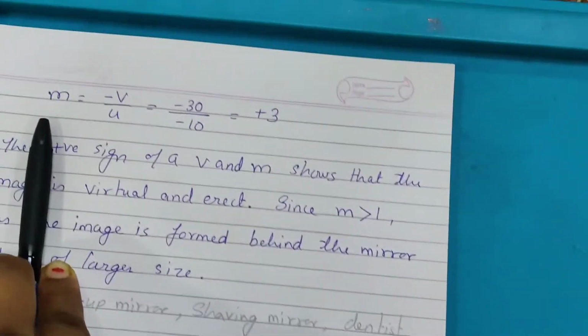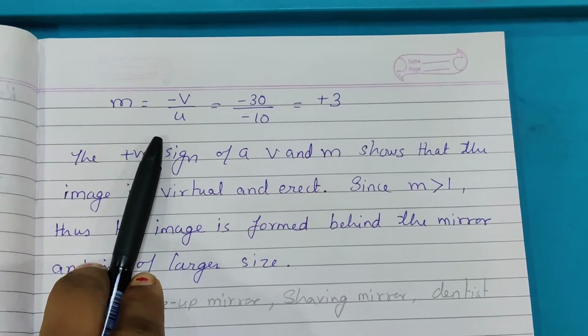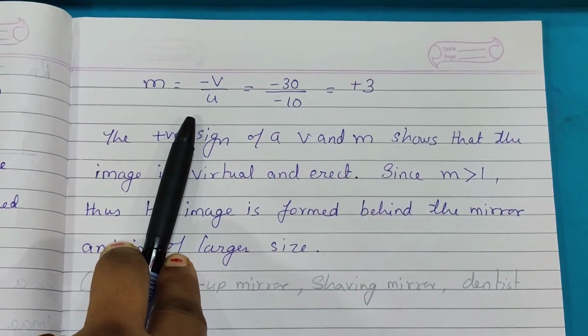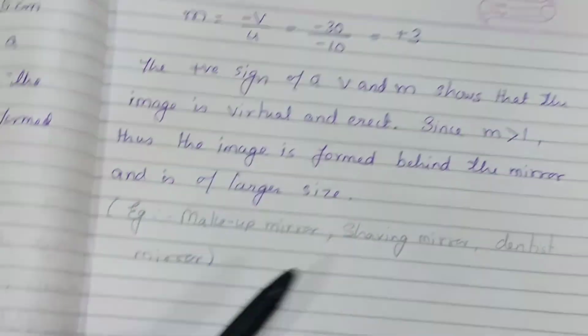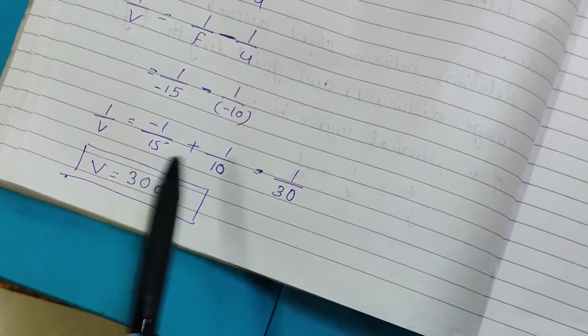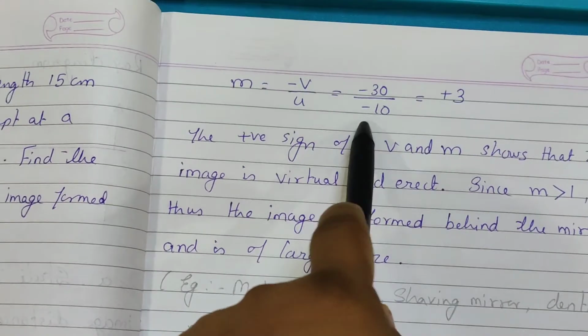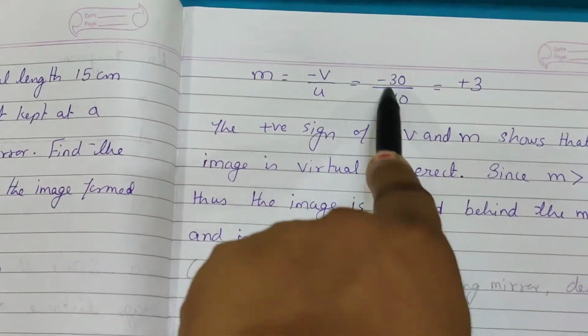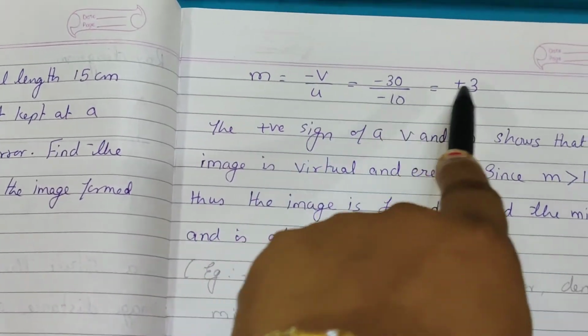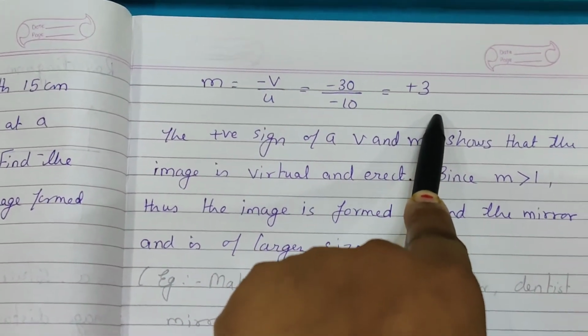To find the nature, m equals -v/u. This is the magnification of the mirror. So -v, how much did we get? v is 30, so -v will become -30, and u is -10. Minus minus cancel, zero zero cancel, then you will get plus 3.